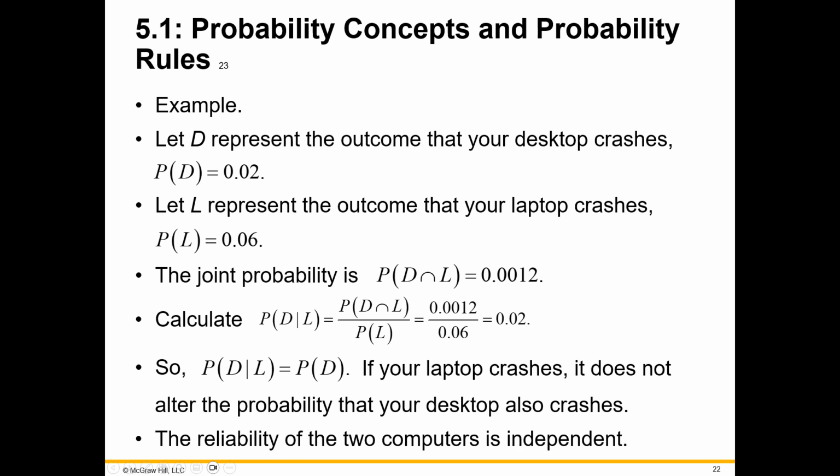So what this means right here is that the event of your laptop crashing happening ahead of time has absolutely zero effect on the probability of your desktop crashing, because the probability of D given L, 0.02, is the exact probability of D by itself, 0.02. This is an absolutely independent scenario that we have going on, proven in mathematics.